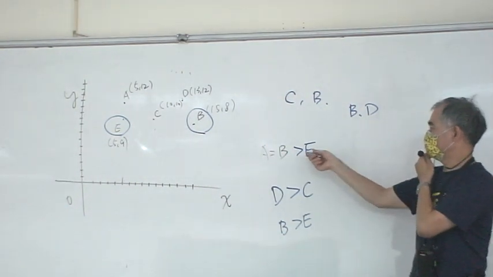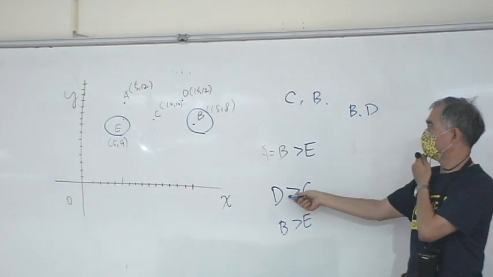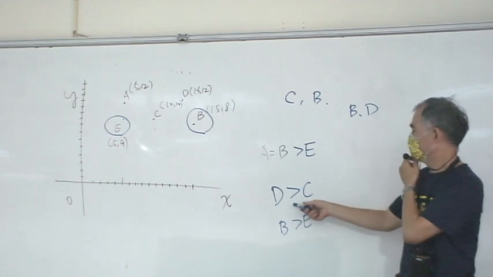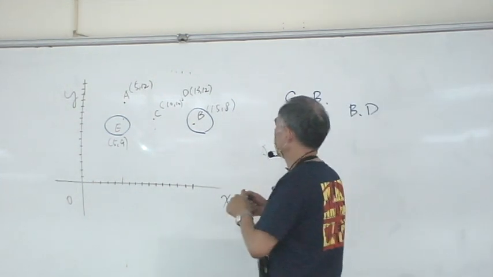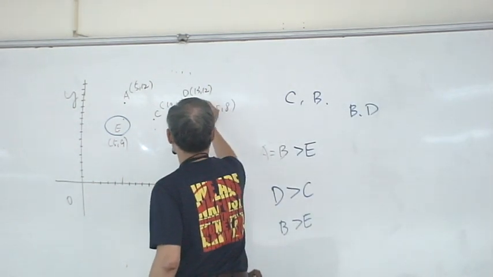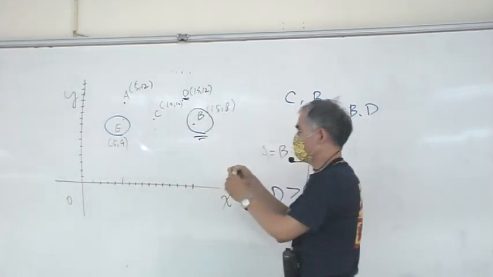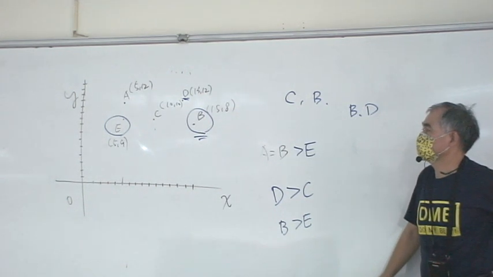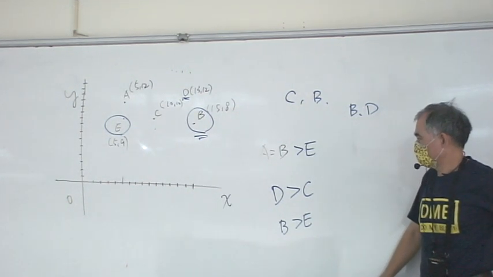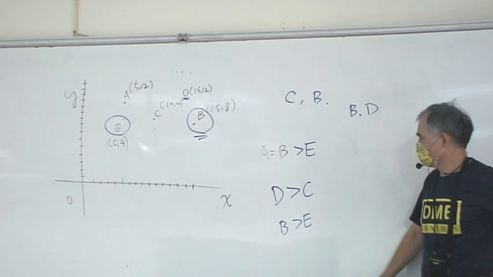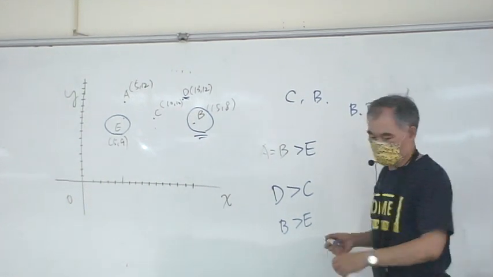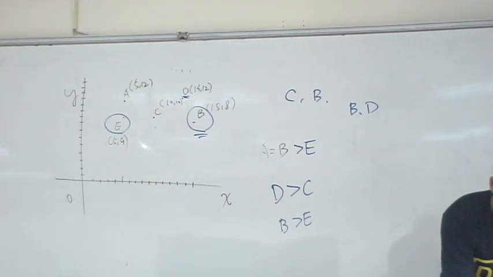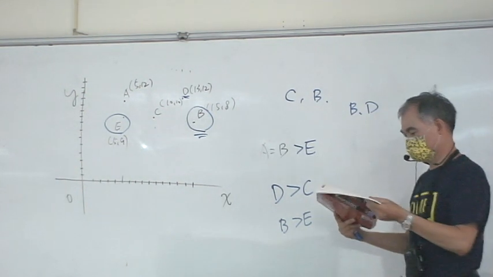A equal B greater than E, right? D greater than C, and B greater than E, okay? So what about D and B? Can you compare B and D? So here we have to do it step by step.